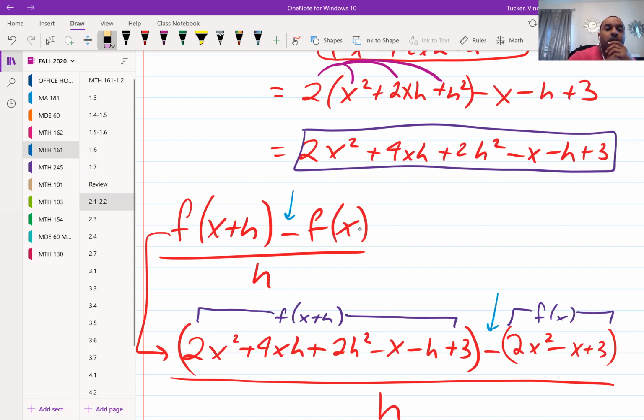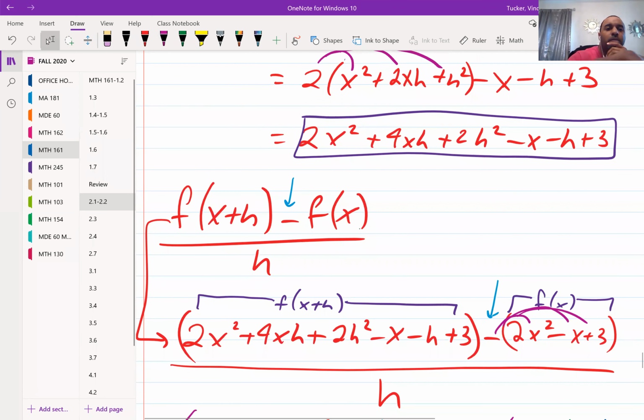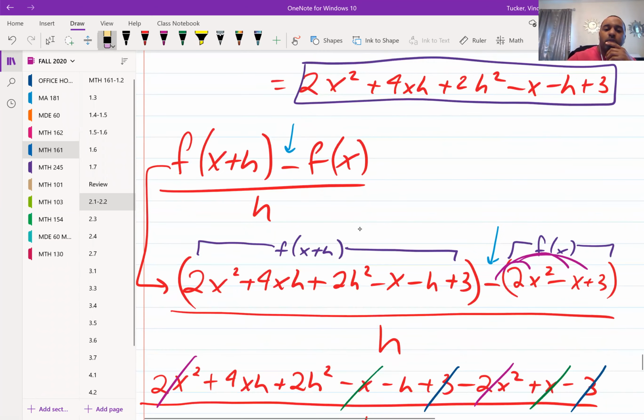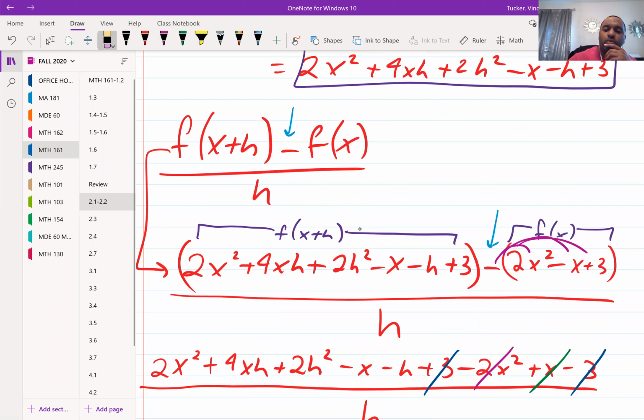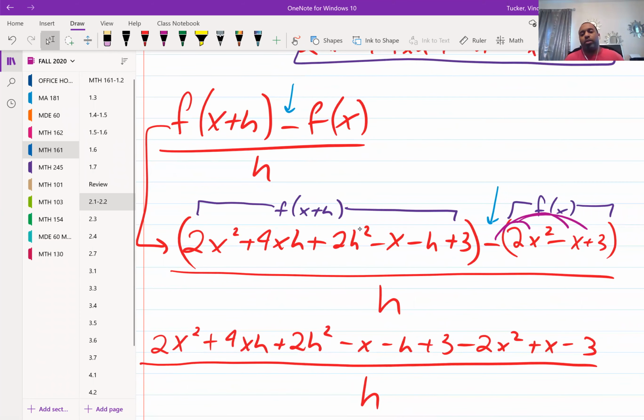All right. So we do have to distribute this negative. All right. And let me erase this. All right, so once we distribute that negative, that'll give us negative or minus 2x squared plus x minus 3 in the back.